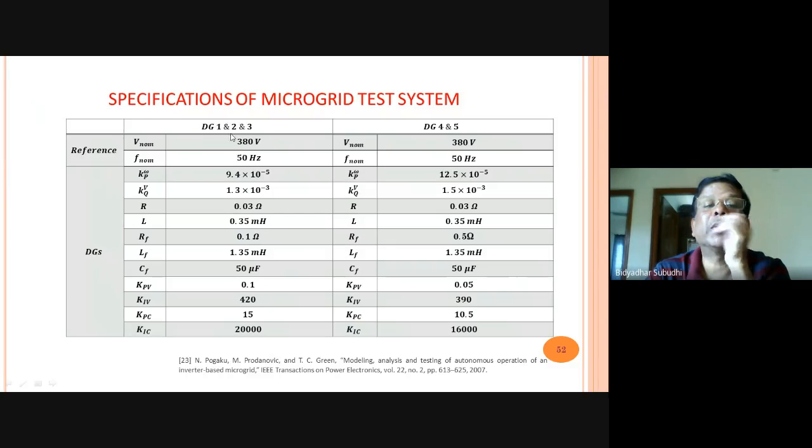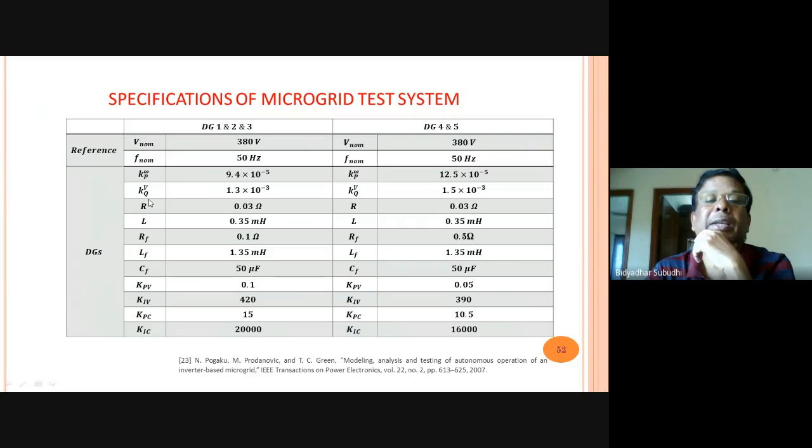Now we take the following specification, like we have 5 DGs, that DG1, DG2, DG3, all of them are the same. DG4, DG5 are different. Now all of them are required to maintain a reference voltage of 380 volt, and all of them should be maintained at a frequency of 50 hertz, and these are the coefficients for the control we have chosen.